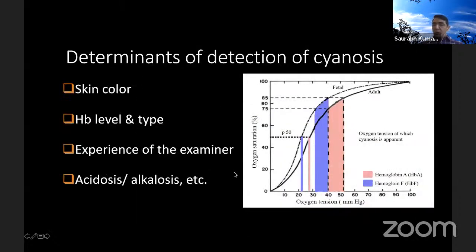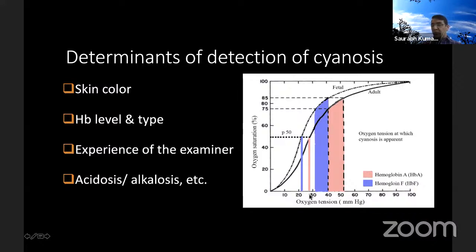Now, I always emphasize that cyanosis is not a great clinical tool, and I'll tell why. Because the detection of cyanosis depends upon the skin color, hemoglobin level, and its type. As you can see over here, if the patient has hemoglobin F, meaning when the patient is a neonate or a young infant, then hemoglobin F is more predominant.